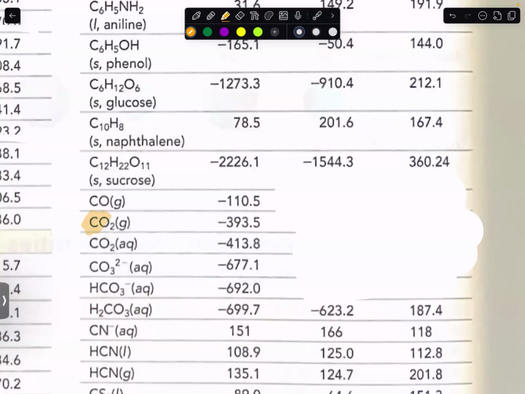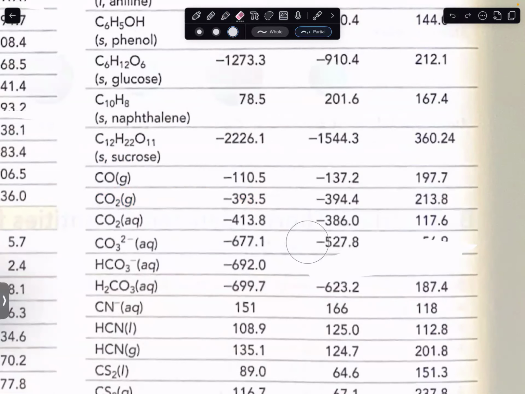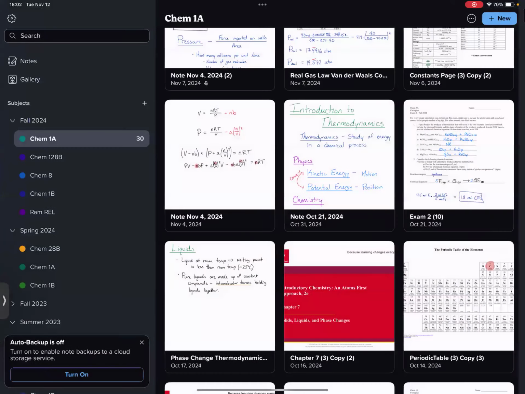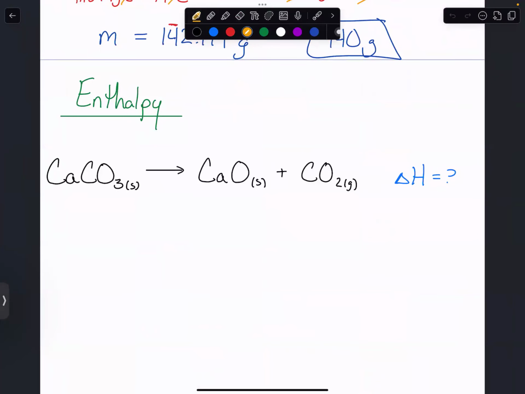So this is where carbon dioxide gas is. Okay, be careful. We also have a different state of matter, aqueous carbon dioxide. We also have something similar, but not quite what we need, carbon monoxide, right? So just be careful when you're reading your table that you get an exact match. Cool. All right, let me just notate these here with what we just discovered.